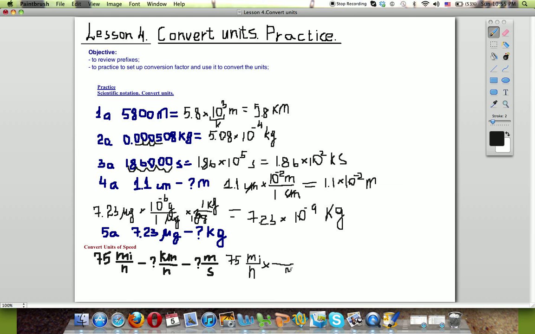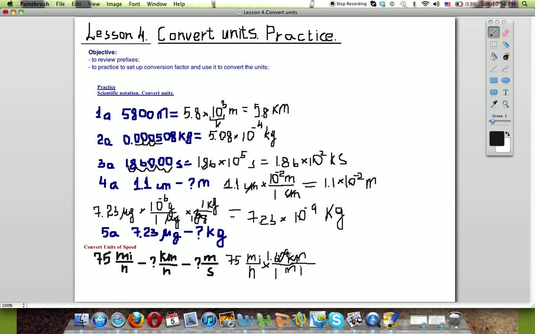So I put miles at the bottom because that's what I have, and I put kilometers on top because that's what I need to get. So now I'm going to use the knowledge that 1 mile is 1.609 kilometers.